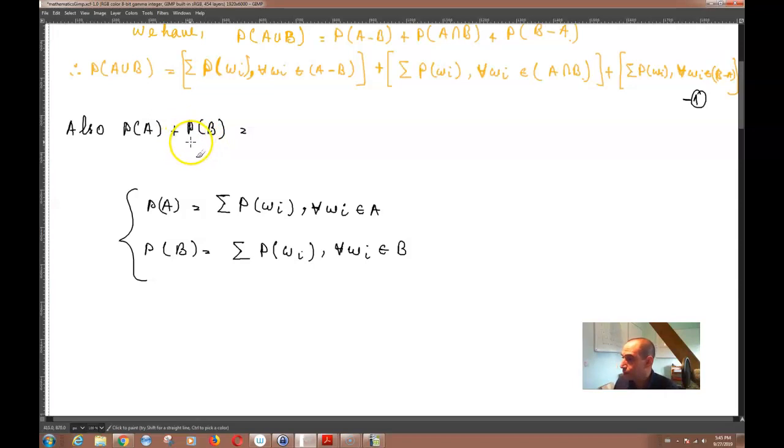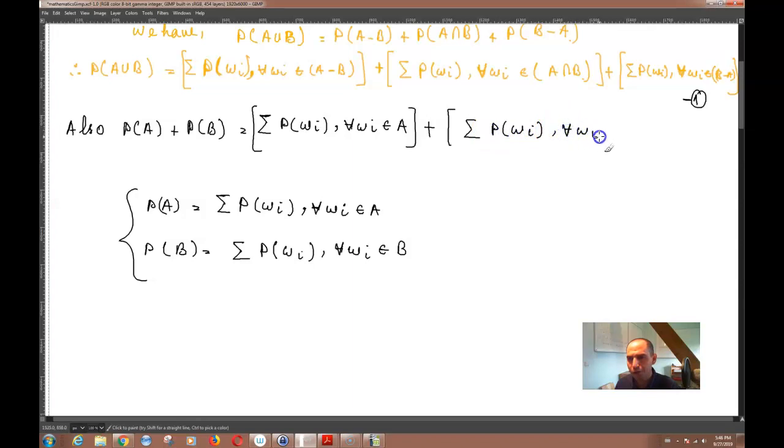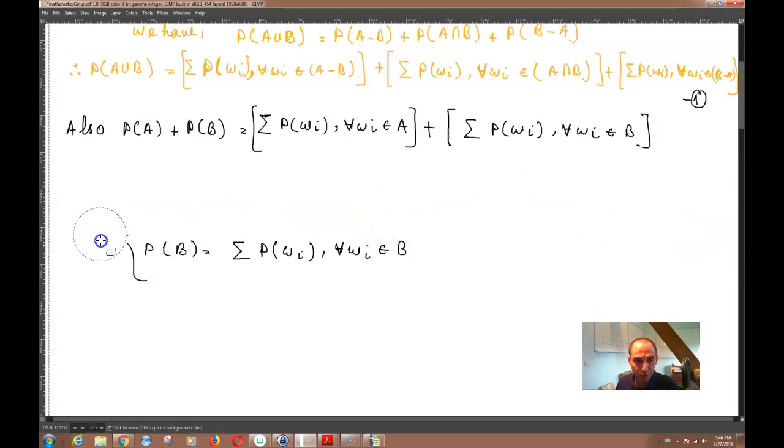And so you can write this as P of A plus P of B. You can write it as sigma of the same things here. Sigma of P of omega of I for all omega of I belonging to the set A, and add this to sigma of P of omega of I for all omega of I belonging to the set B, or to the event B, you can say.